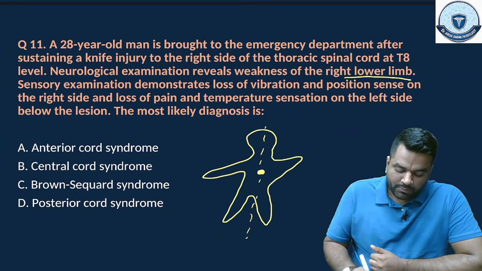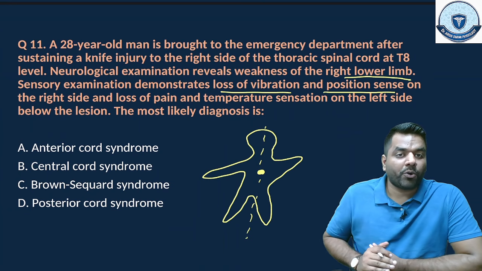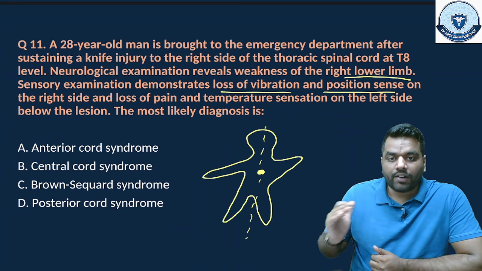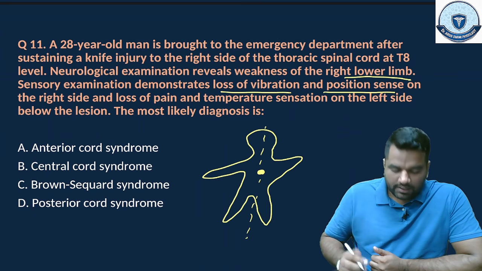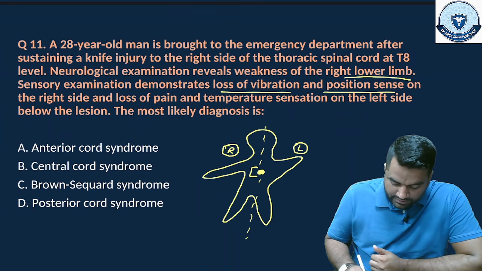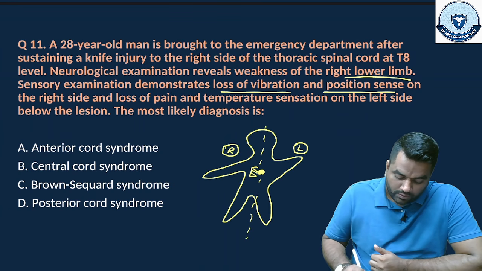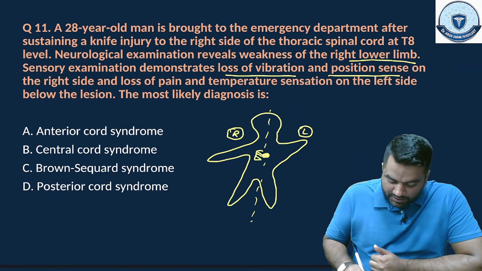Sensory examination demonstrates loss of vibration and position sense, meaning the proprioception, on the right side. And where is the lesion? The lesion is also on the right side. Suppose this is the right side and this is the left side. So the lesion is on this side, and the loss of vibration and proprioception is also from this side.